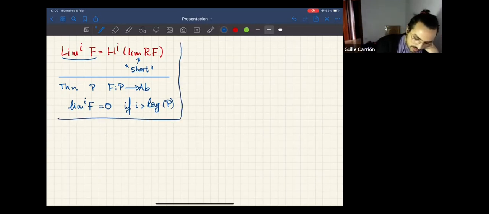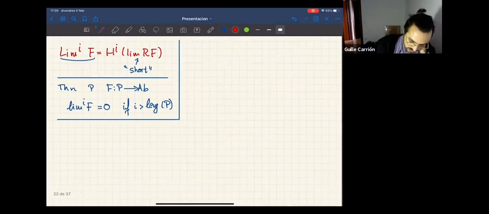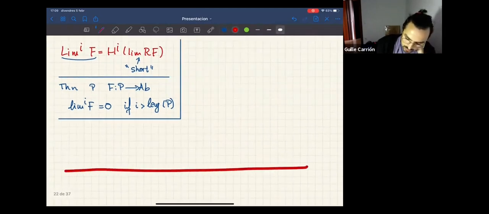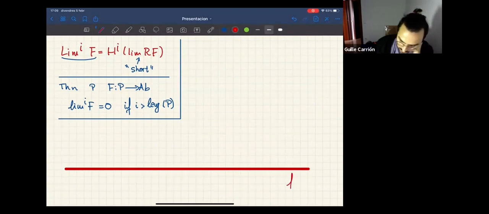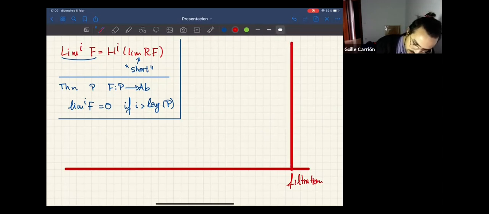So what happens with this result and the construction that we are doing here? Imagine again this is the filtration, and here is the height.